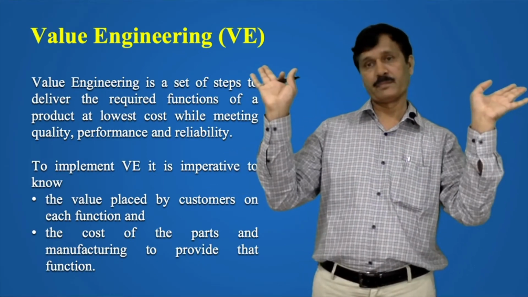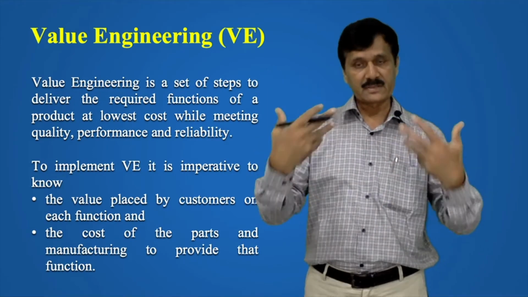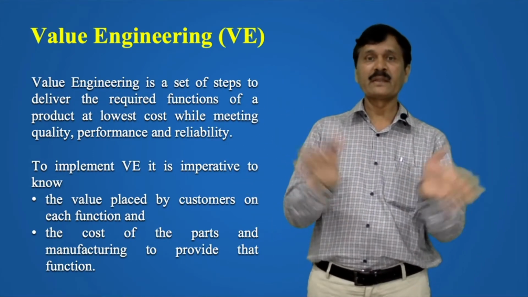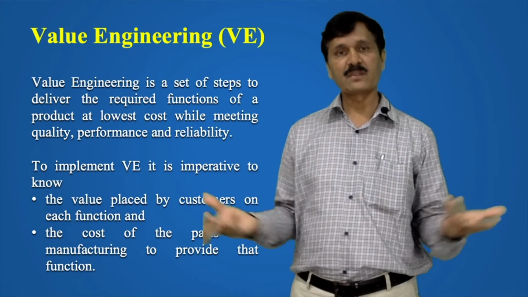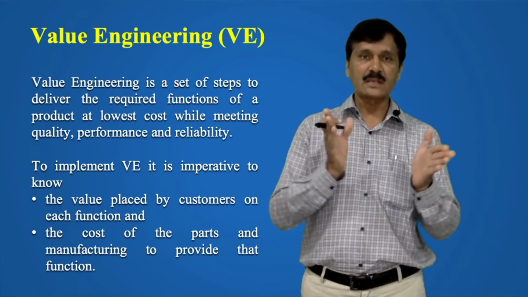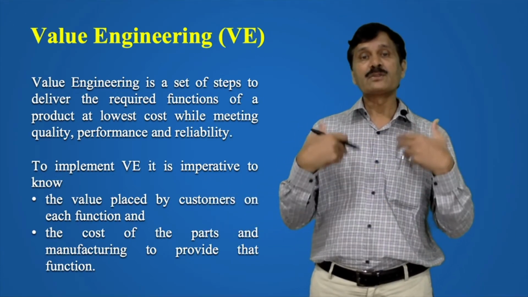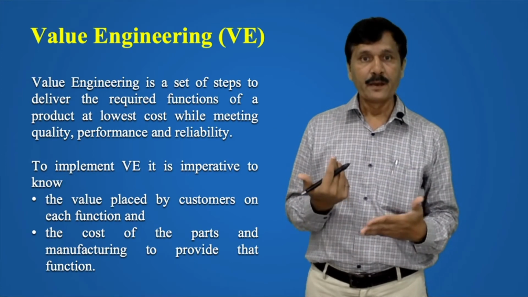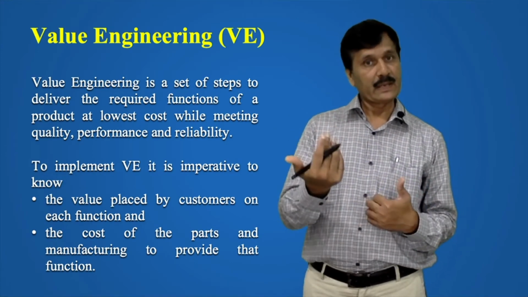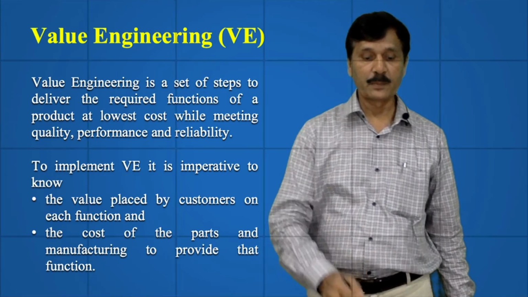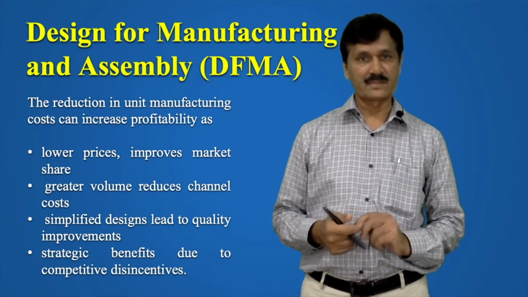For that, it is the analysis, or the material, or whatever procedure is going to be adopted. These things are to be kept in mind so that the cost is reduced, but everything else remains. Design for manufacture and assembly.